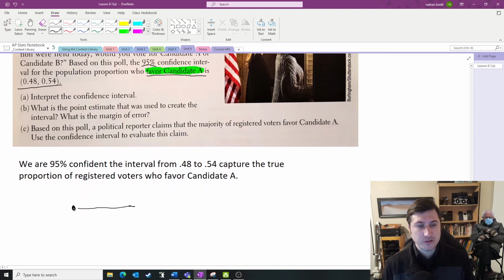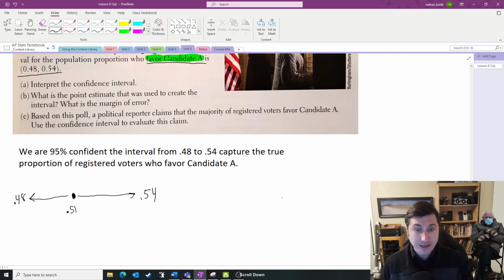Our interval goes up from that, and it goes down from that. Our interval was 0.48 to 0.54. I know my drawing's bad, but this is the middle. What's the middle of 0.48 and 0.54? This one you can do in your head, 0.51. It's 3 down, 3 up.